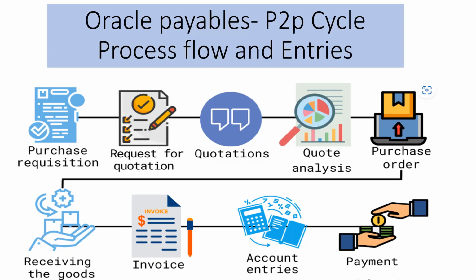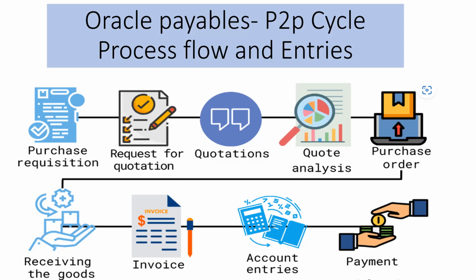So first you need to do the analysis and identify which supplier is good for us to get the items. And once we identify the supplier, we move forward to create the purchase order.